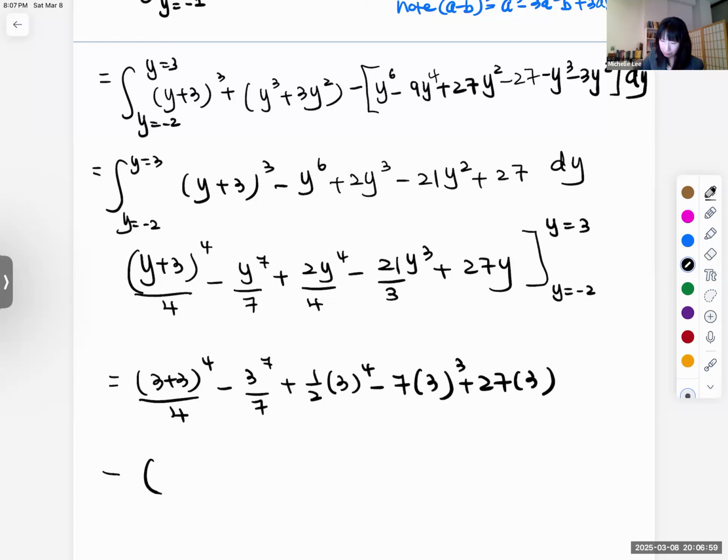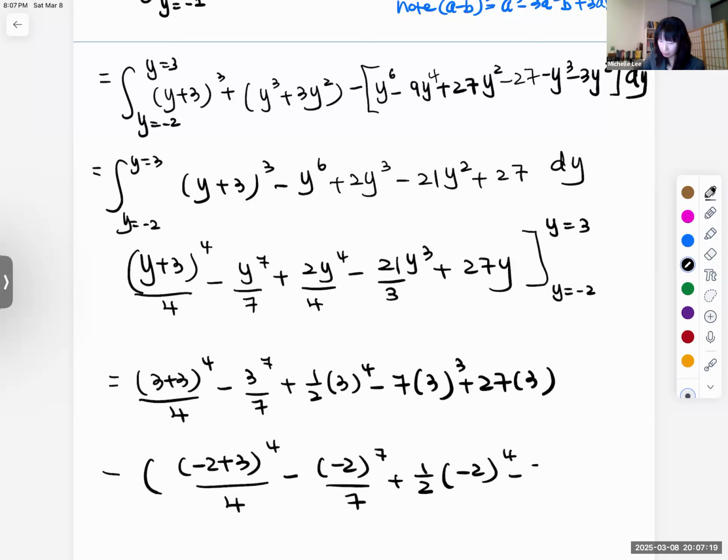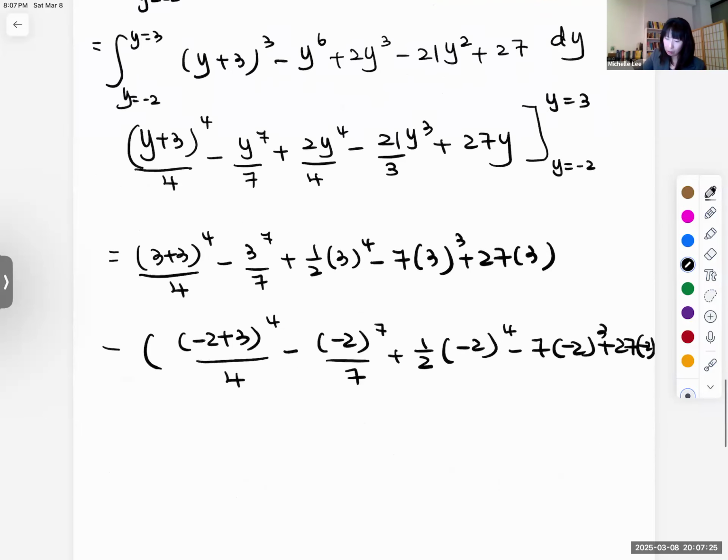Minus negative 2, right? So we have negative 2 plus 3 to the fourth power over 4 minus negative 2 to the 7th power over 7 and plus 1 half negative 2 to the fourth power minus 7 negative 2 to the third plus 27 negative 2. Yep.